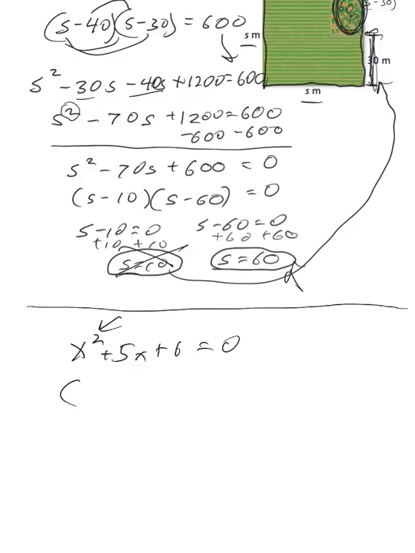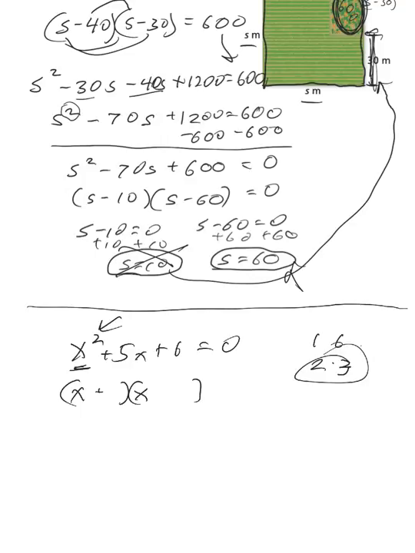So if I factor this, again, I'm going to put x's in the front for the firsts, x times x is the first term's x squared, and then I need two numbers that multiply to 6 and add up to 5. So the two ways that we can multiply are 1 and 6 and 2 and 3. The 2 and 3 add up to the 5.